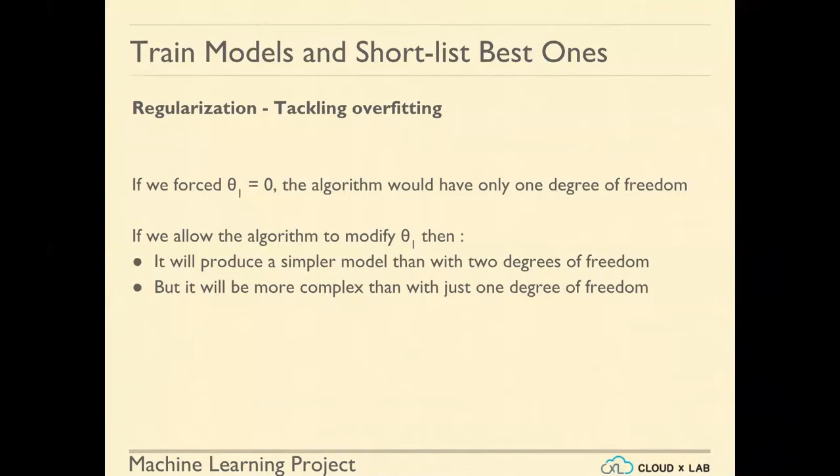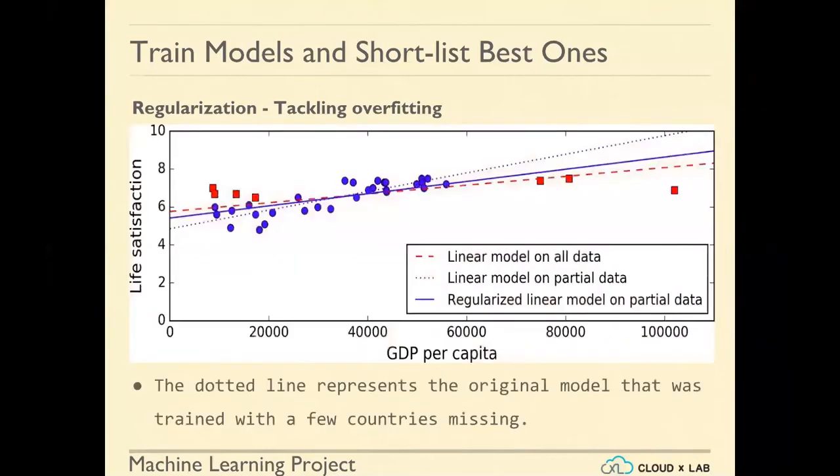But if we force it to draw the line through the center, we are constraining it, and it has fewer degrees of freedom, but it'll have less chance of overfitting. When we give less freedom to the model, right?